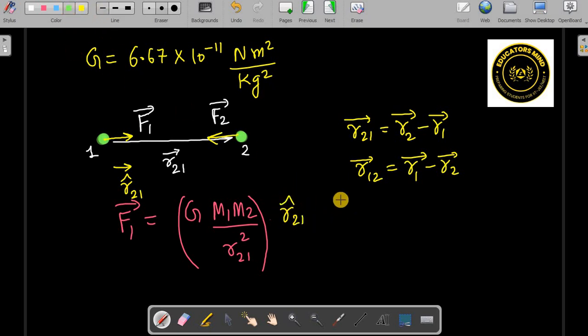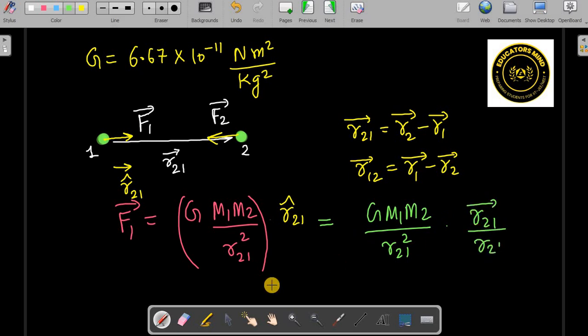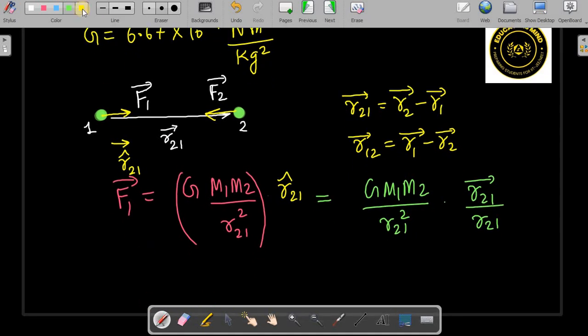Now if you want, you can further open this G M1 M2 by R21 square, and R21 cap can be written as R21 vector by R21 magnitude, right? So in terms of vector, F1 vector can be written as G M1 M2 by R21 cube and R21 vector.